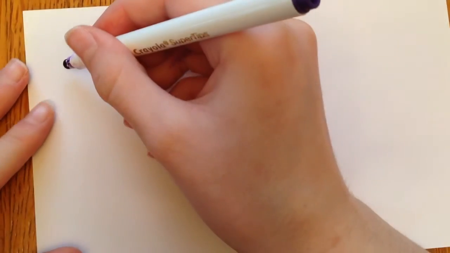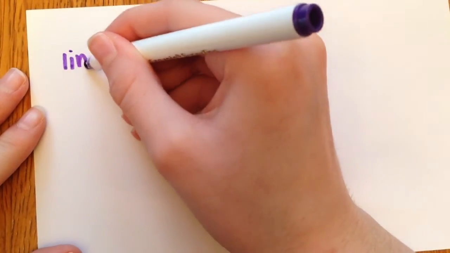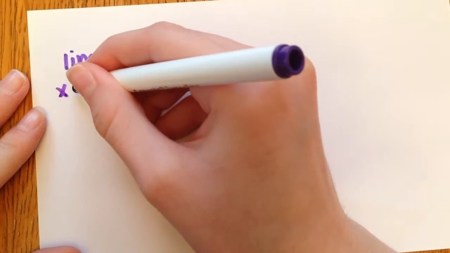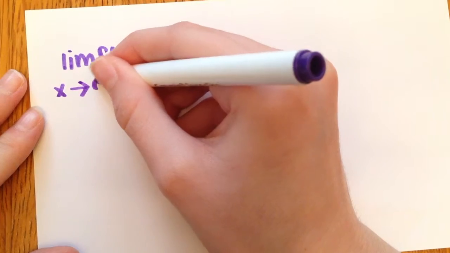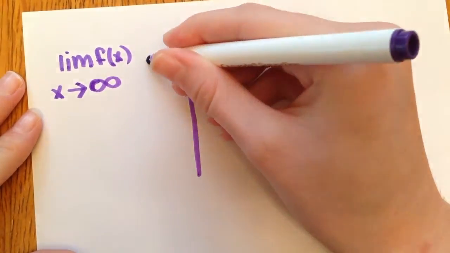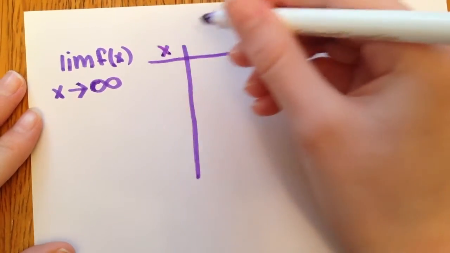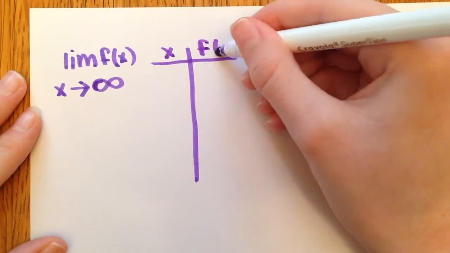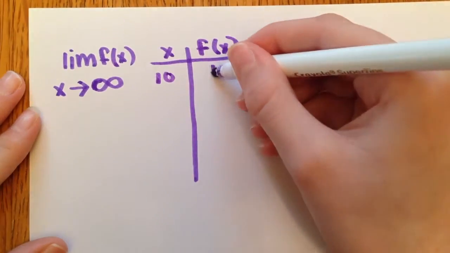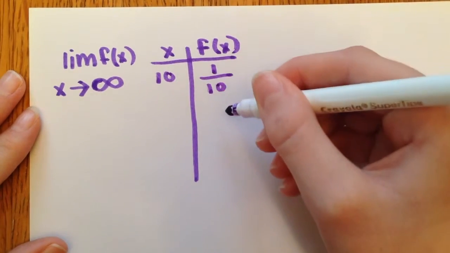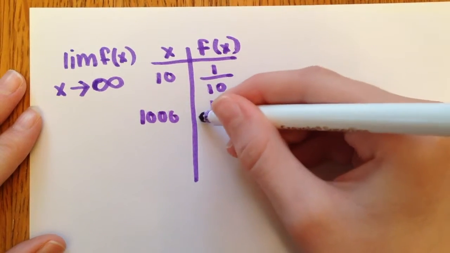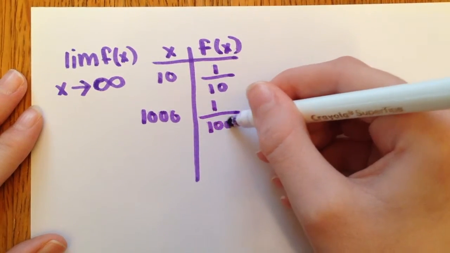So now we are going to do the limit of the same equation, but instead of x approaching 0, it's going to be x approaching infinity. So we're just going to make a table of the values like we did before, but instead of the x values getting closer and closer to 0, the x values are going to be getting closer and closer to infinity, since that's what it's approaching.